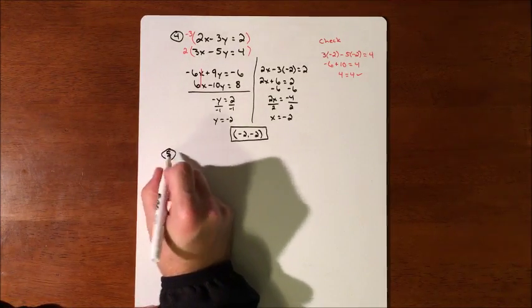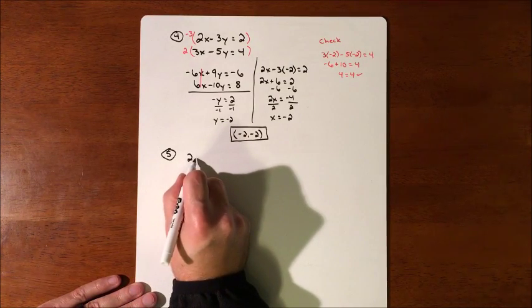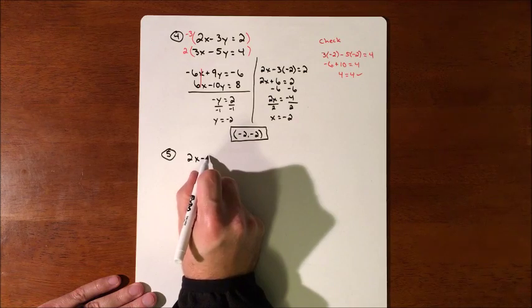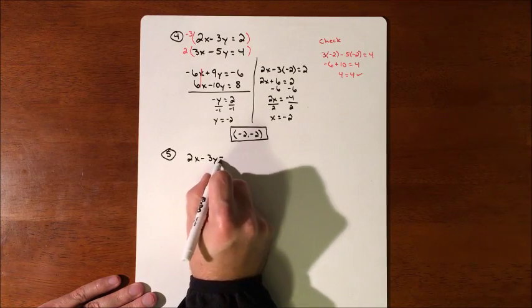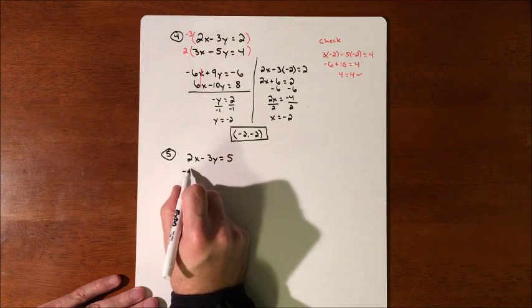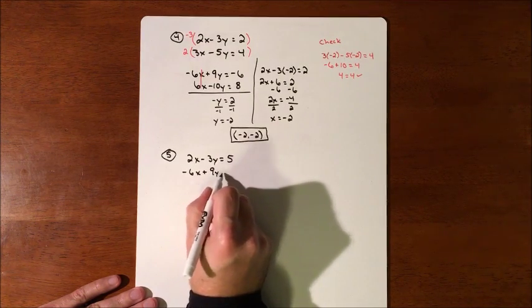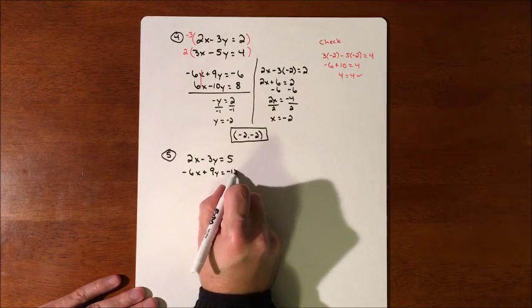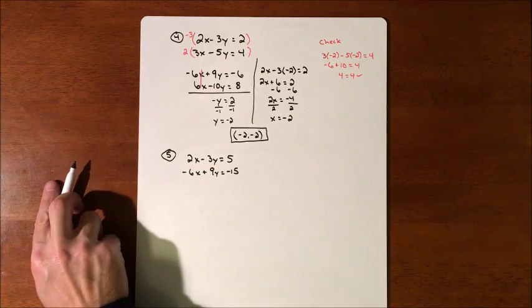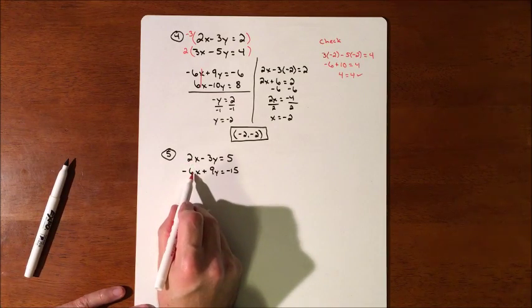One last. Our last equation is going to be 2x minus 3y equals 5, similar to that one, and negative 6x plus 9y equals negative 15. So same as before, I'm looking at the x's, and this can definitely become a 6.